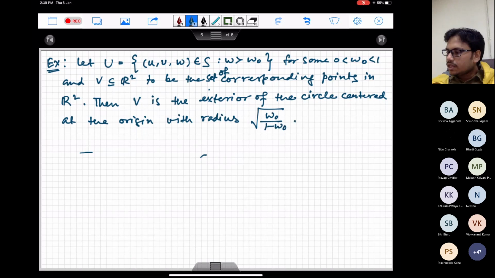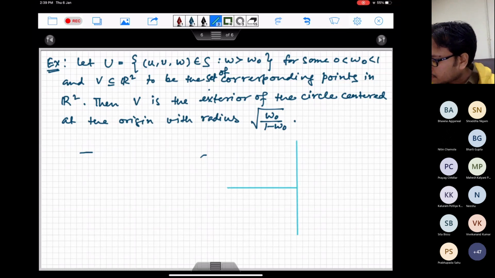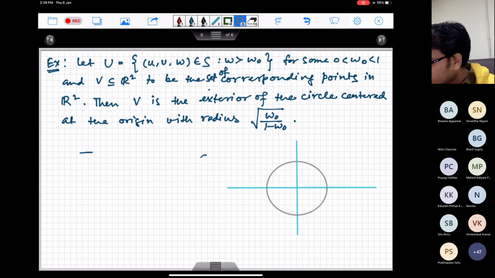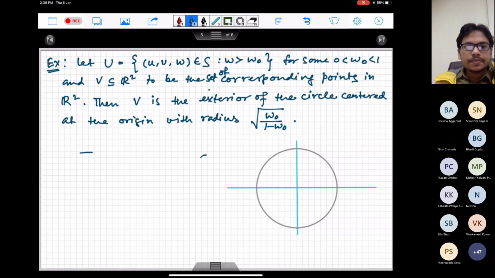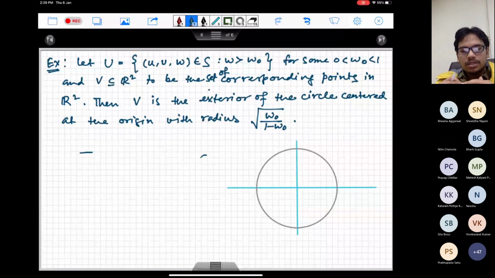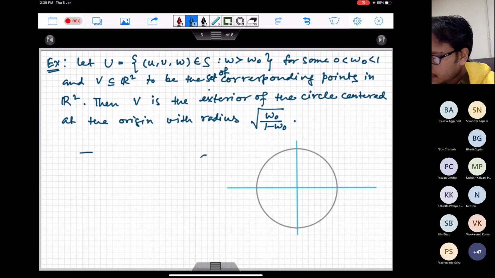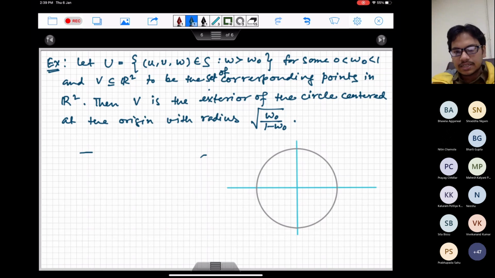So what I am saying over here is that if I try to draw the picture, let's have the coordinate system. If I am taking some neighborhood of this (0, 0, 1), namely where the values of these w's are bigger than some w naught between 0 and 1, then in the sphere I am looking at the points which have a certain height at least.